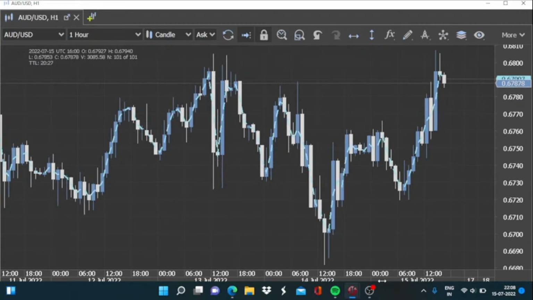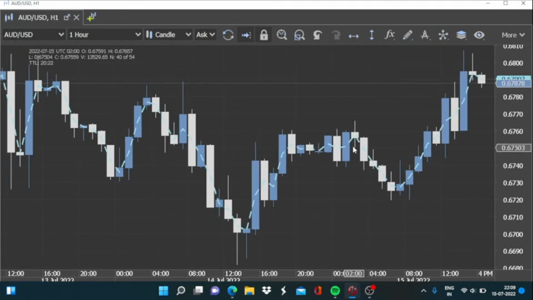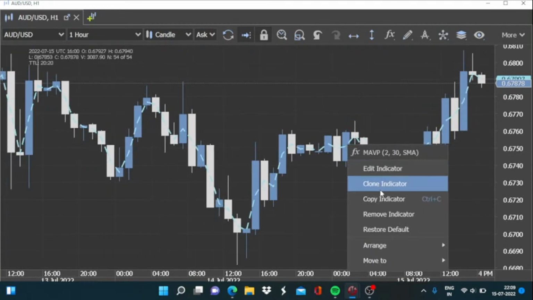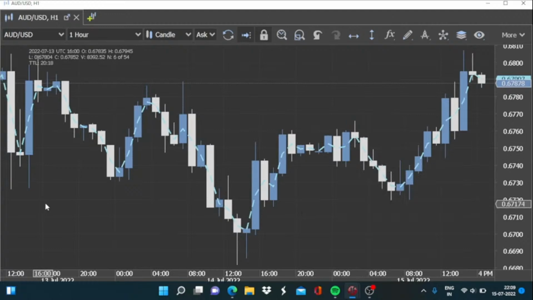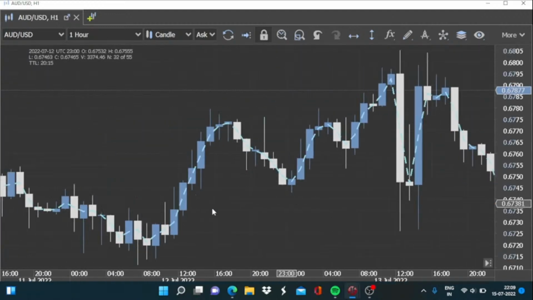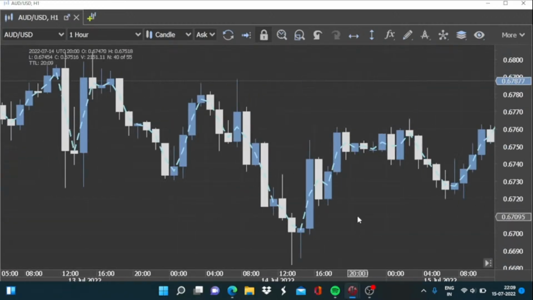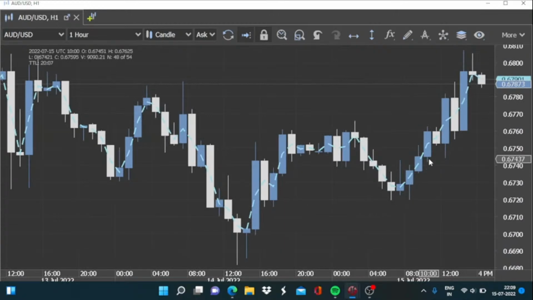I had done some editing when I was considering the indicator. Because of that, it is already looking colorful. Otherwise, mostly if we plot it for the first time, it's a dull blue line. Okay, not this colorful, stylish line as it is appearing on my chart.